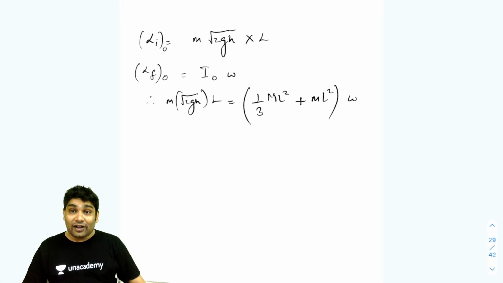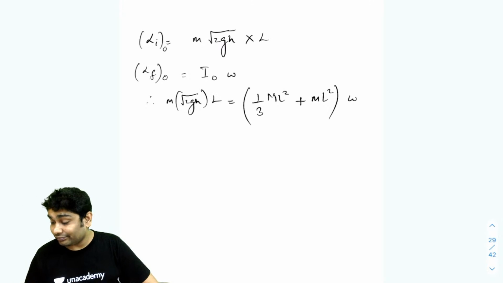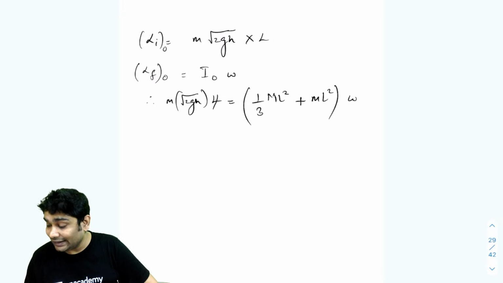Now that would have given me omega. Okay, so let's just stick to that only. This is I about O times this, omega, equal to the expression over 2g.